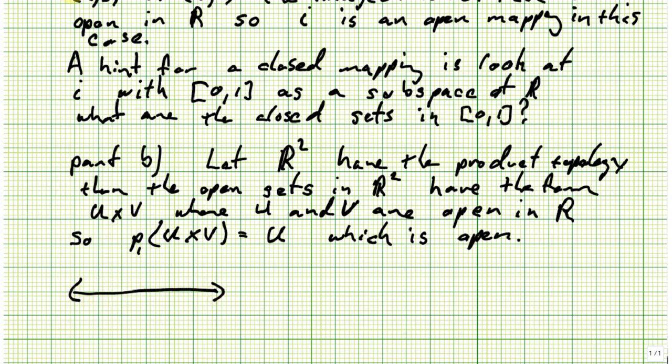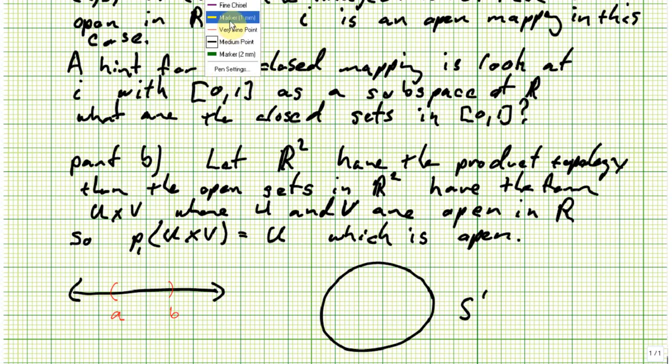These basis elements in R are going to be open intervals of this form, A, B. The open sets in S1 are going to be essentially open pieces of the circle. You can think of them as being from theta 1 to theta 2.